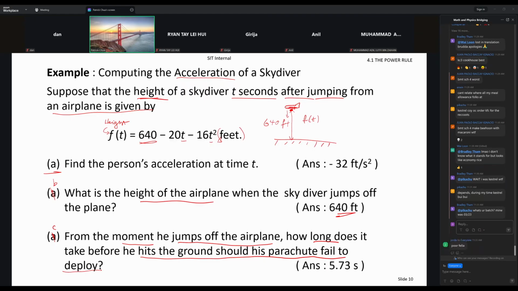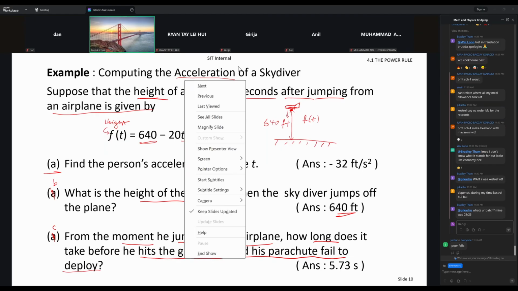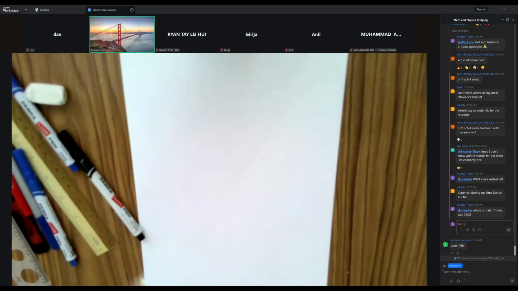A is find the person's acceleration with respect to time. Okay, now enough space, so I use the visualizer. Advanced. Okay, visualizer.